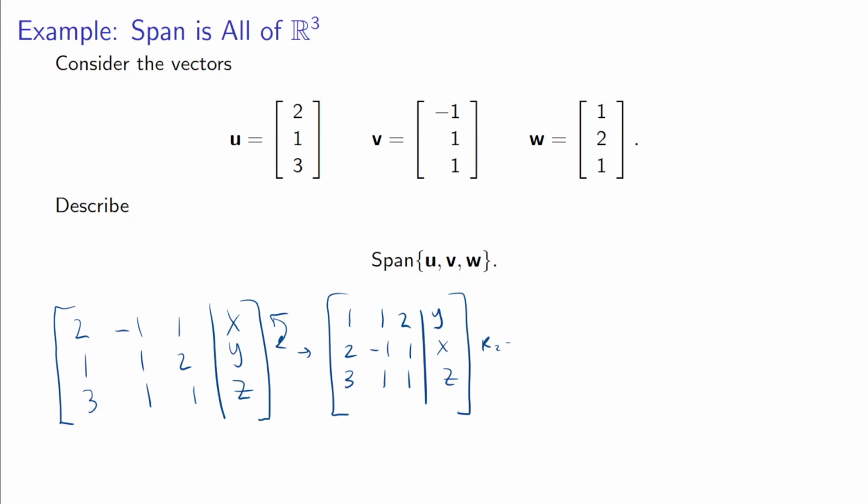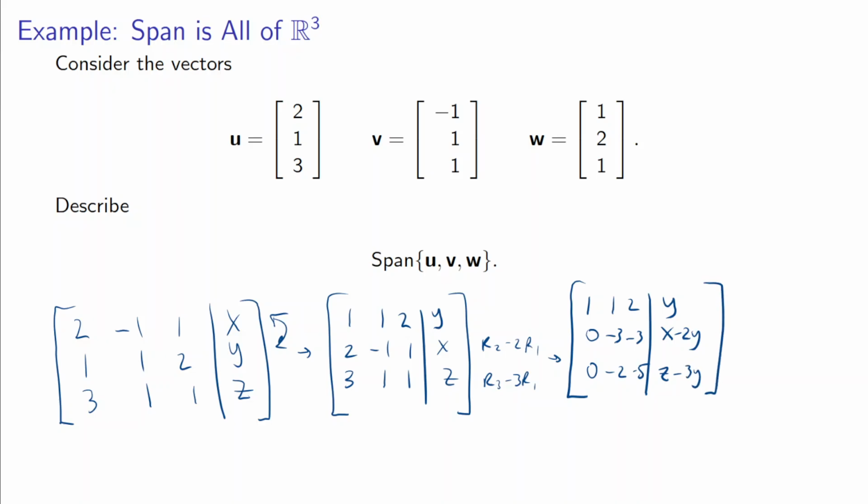And then we could do an R2 minus a 2R1 and an R3 minus a 3R1. We'll get 0, minus 1 minus 2 is minus 3, 1 minus 4 is minus 3, and then we'll have an x minus 2y, and then 3 minus 3 is 0, 1 minus 3 is negative 2, 1 minus 6 is negative 5, and then we'll have a z minus 3y.